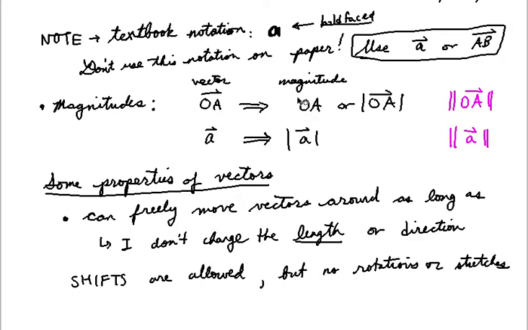This is a geometric notation, isn't it? And then I can also write it, if I have a vector A in this form, where I don't have points anymore, but just a letter, then I would have to write it in absolute value form. This is not an absolute value. This means magnitude, not absolute value.